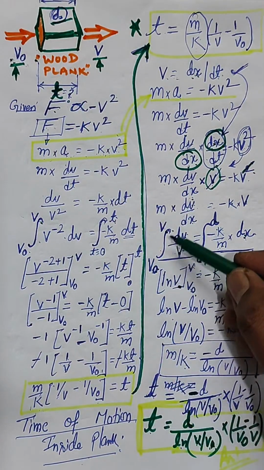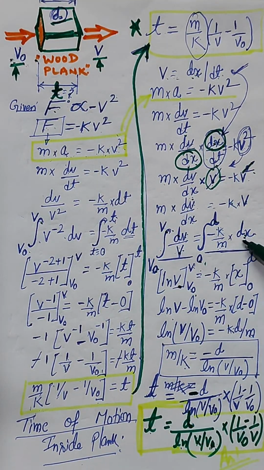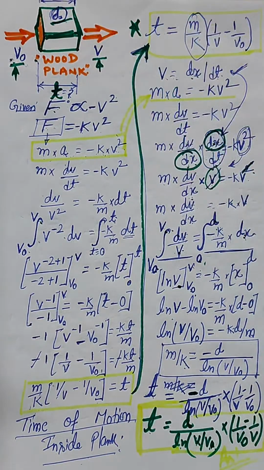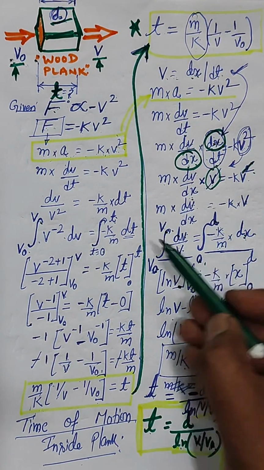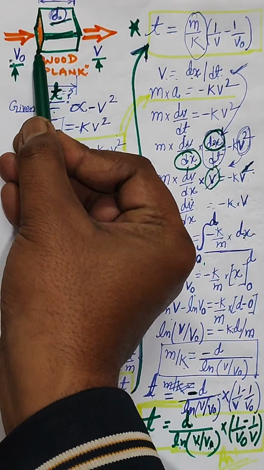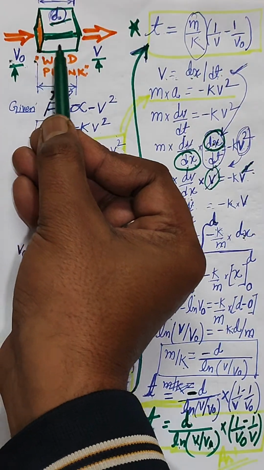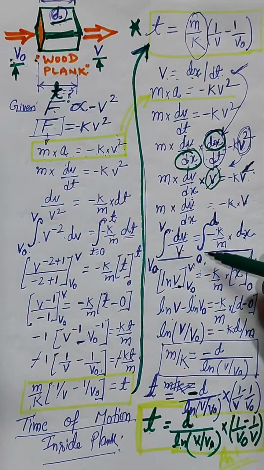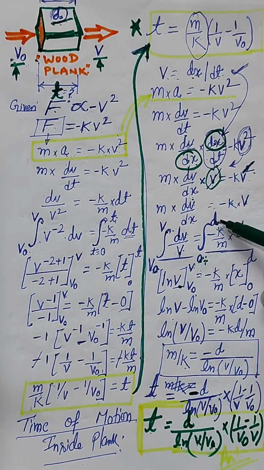And here dx is for the displacement, or the distance d, so it's 0 to d, because when the bullet is entering the plank, the thickness covered is 0, but when it exits, it covers a distance of d. This is the lower limit, this is the upper limit.